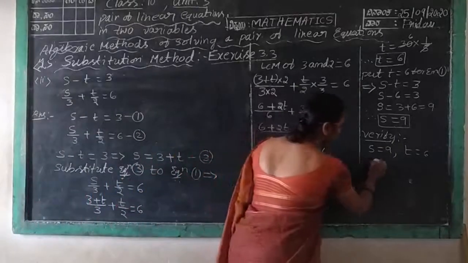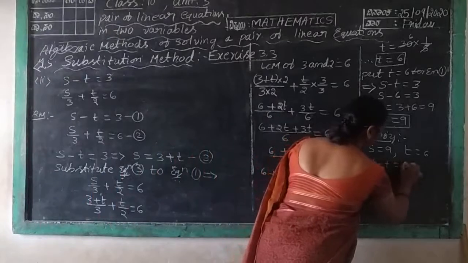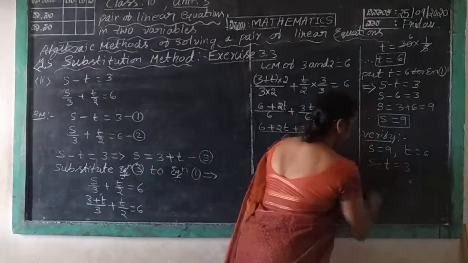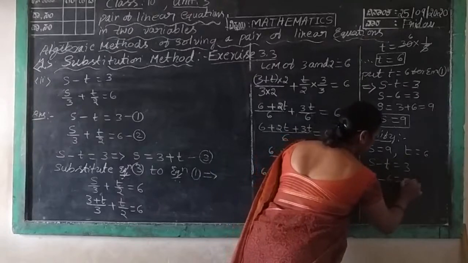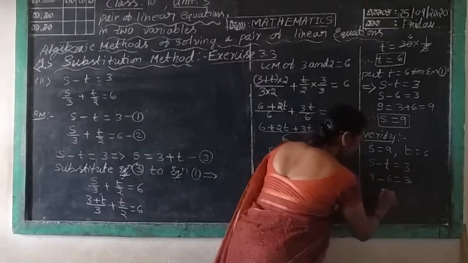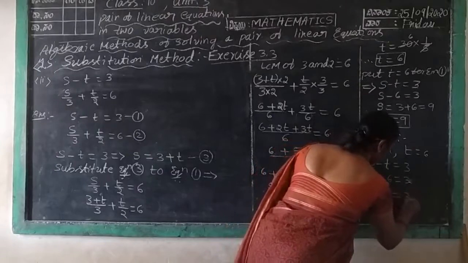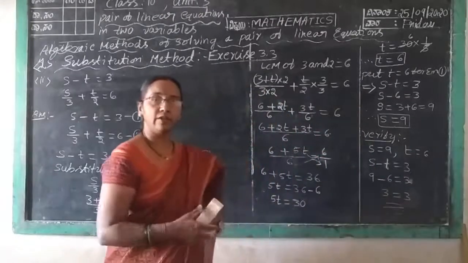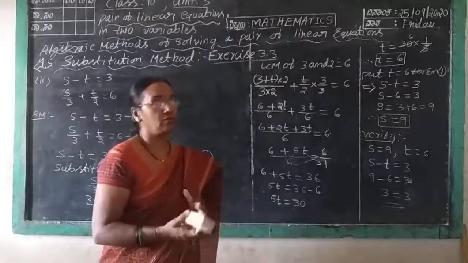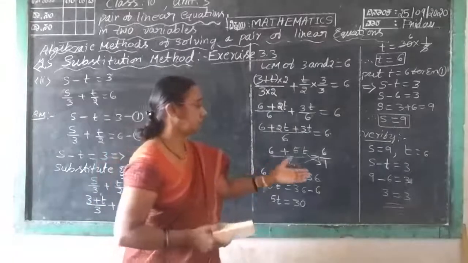S minus t is equal to 3 is the given equation. Then s is 9, t is 6, we subtract and get 3. Then LHS and RHS are the same. Then your answer is right. We have found the two variables and the answer is correct.